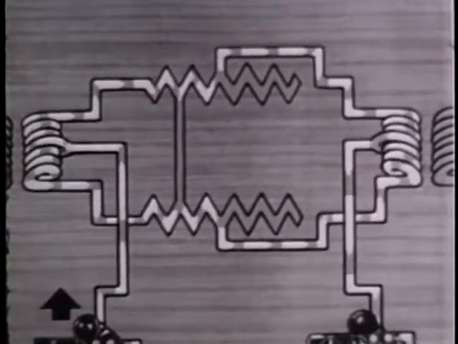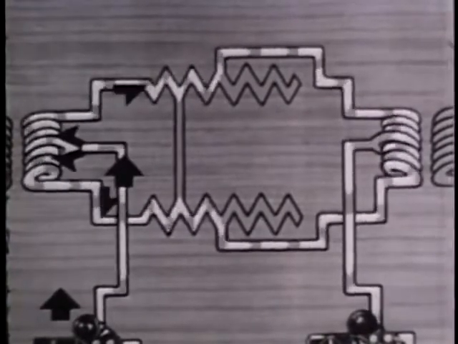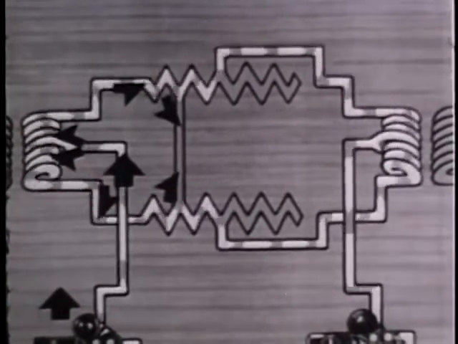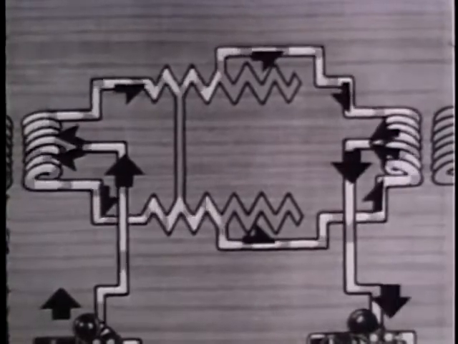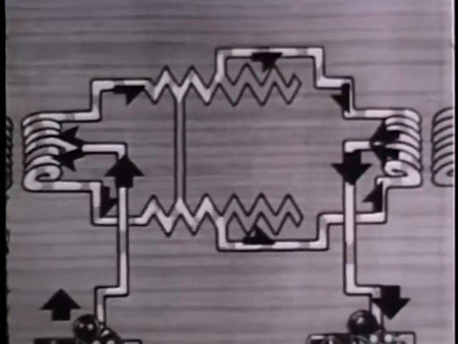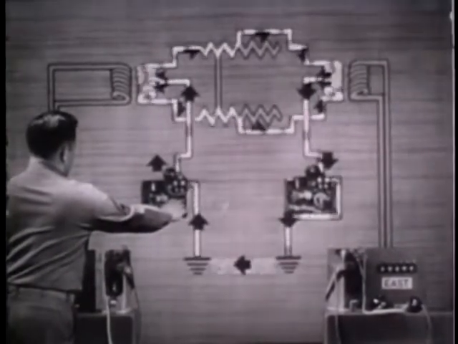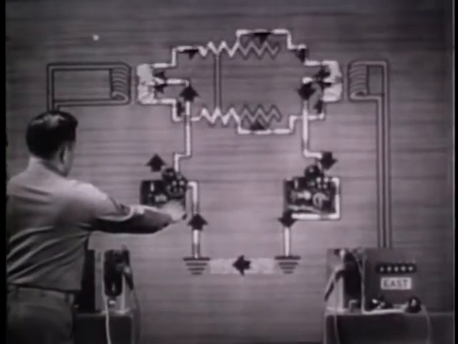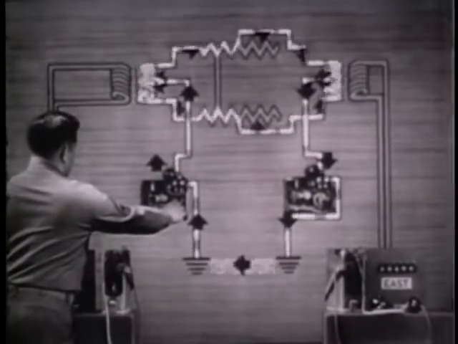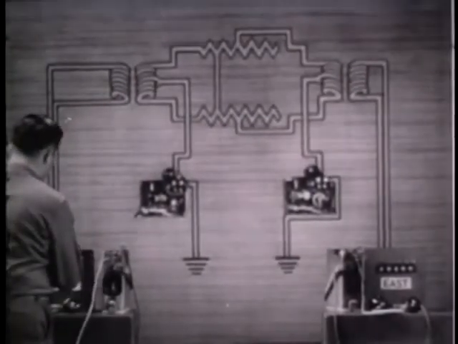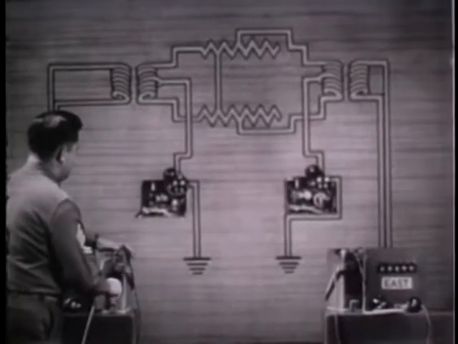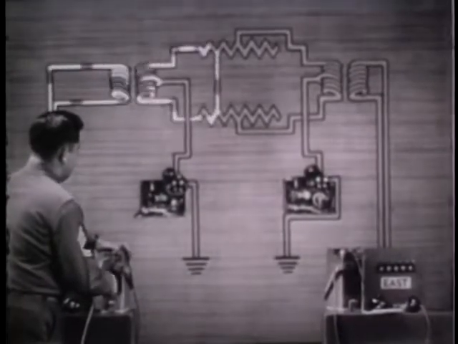At the short, the two halves of the current oppose each other, and so no current flows through the short. We can see then that the telegraph channel is unaffected by the short, but the telephone channel is useless until the short is cleared.